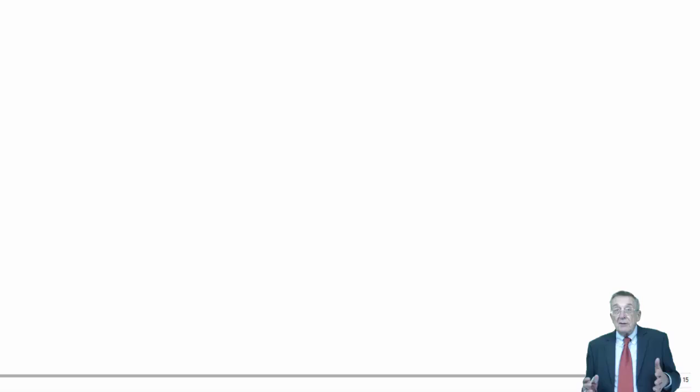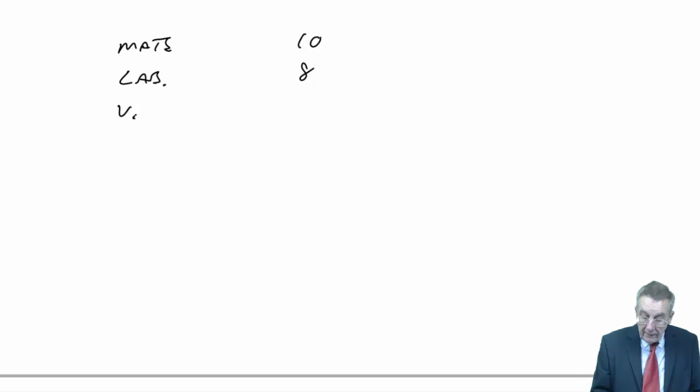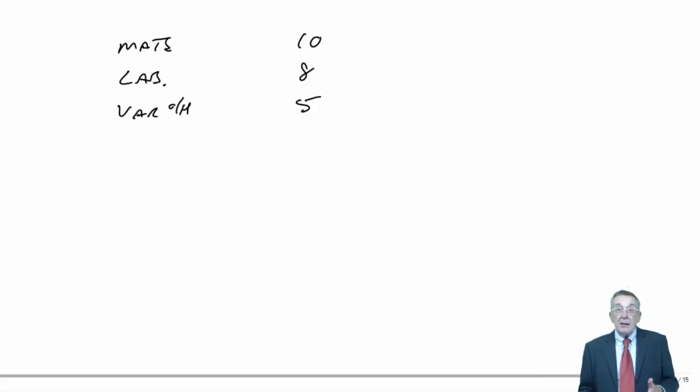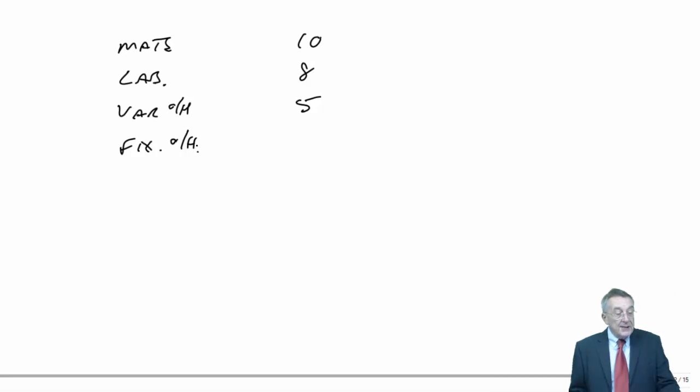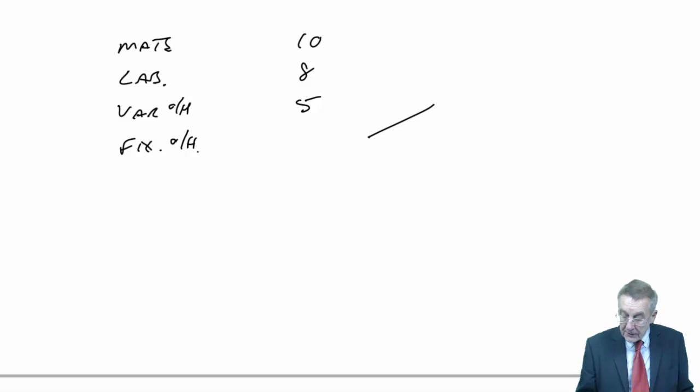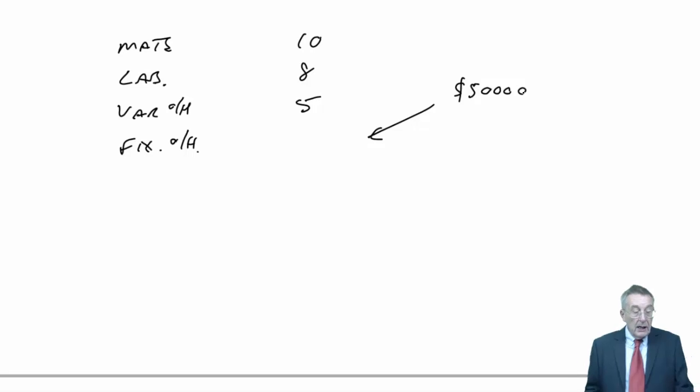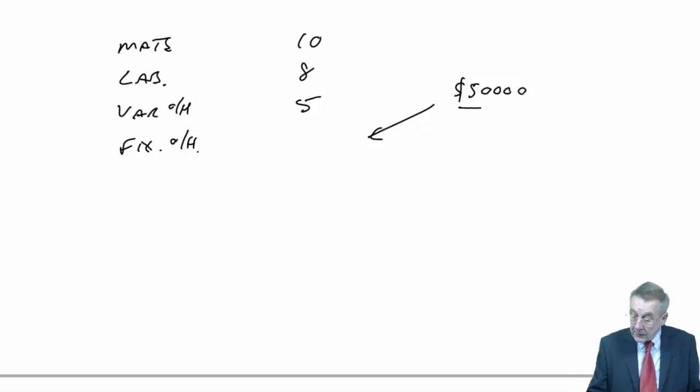Well, full cost is the full absorption cost, and so we do our cost card. Materials, $10 a unit, labour, $8, variable overheads, $5. To get the full cost, we'll absorb the fixed overheads. It says we've estimated there'll be 50,000 a year. We've budgeted our production of 10,000 a year.